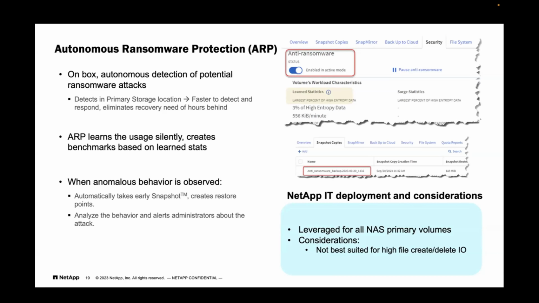And also any volume that is already being encrypted by the application is not suitable. Yet since ARP tracks file-level activity, the deletes and creates, and if it also observes that file extensions are being modified, that is still a good candidate, even with encryption.